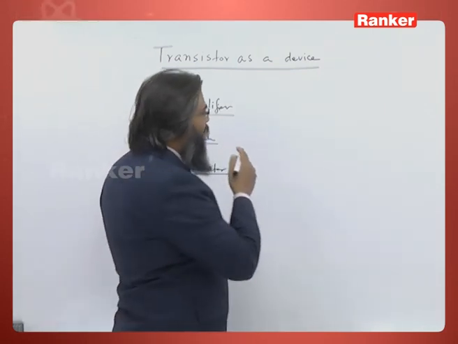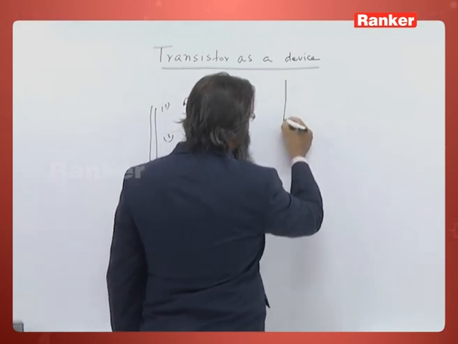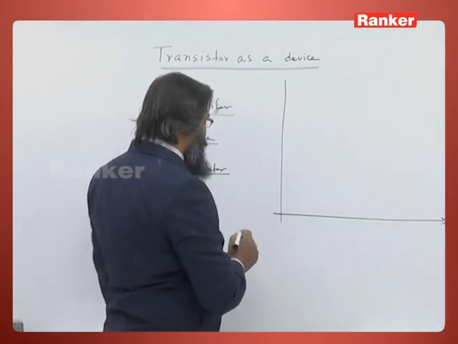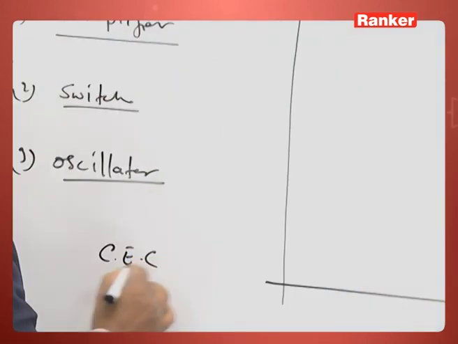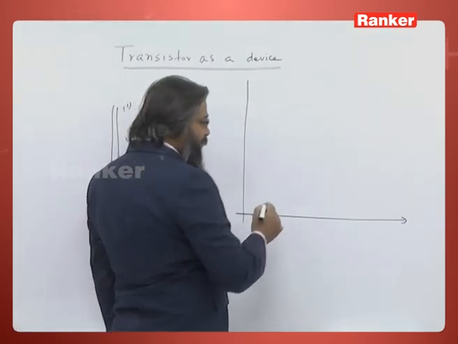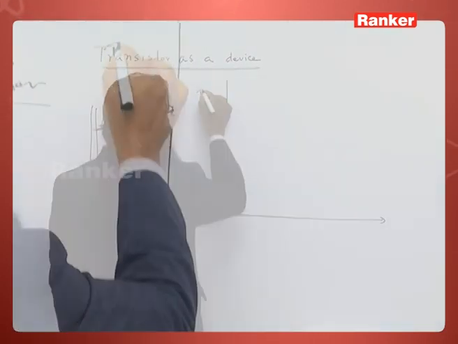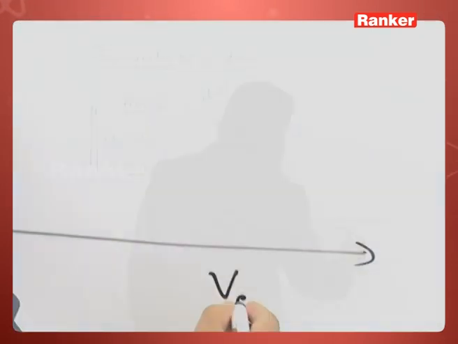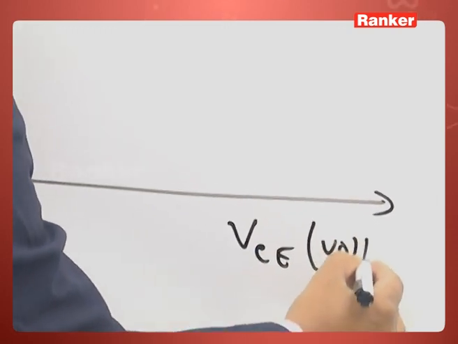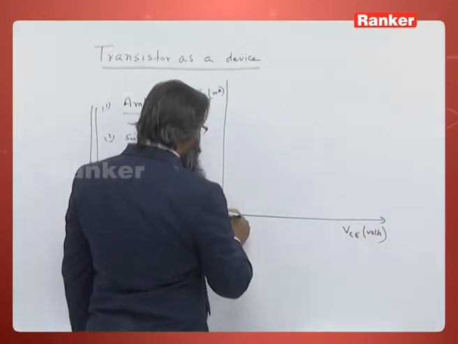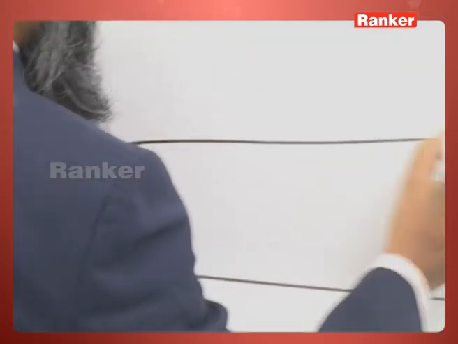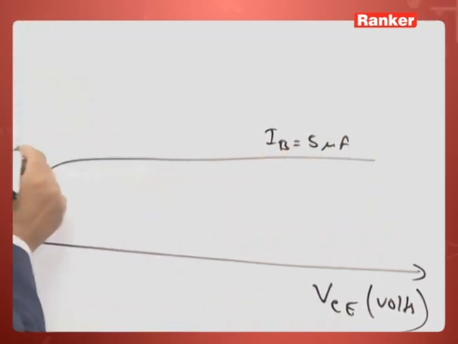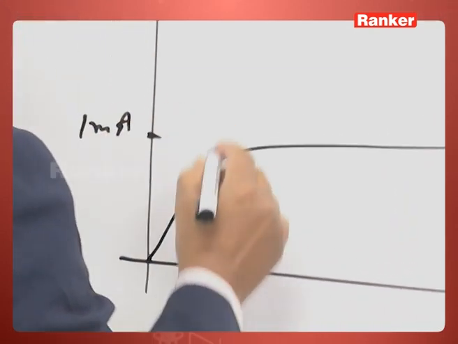Let us go back to the output characteristic in a common emitter configuration. In output characteristics we plot IC, in milliamps, against VCE, in volts. For different values of IB, suppose IB is 5 microamperes, I got 1 milliamp current.